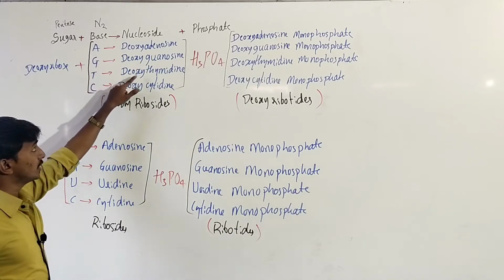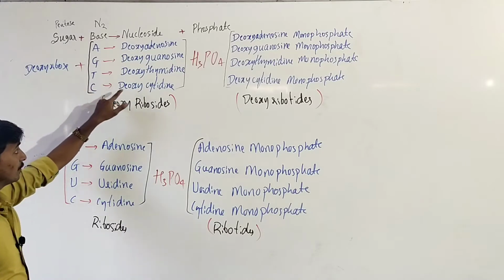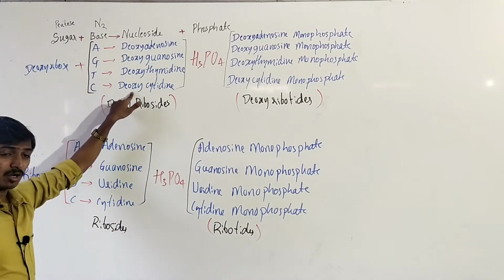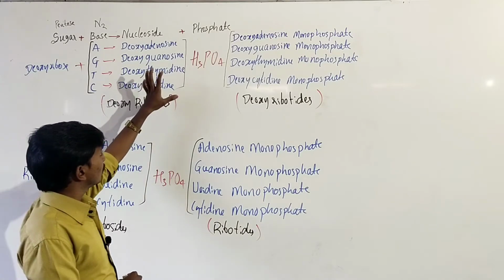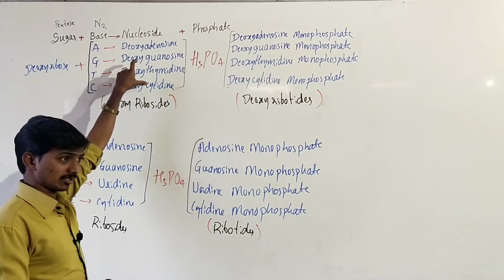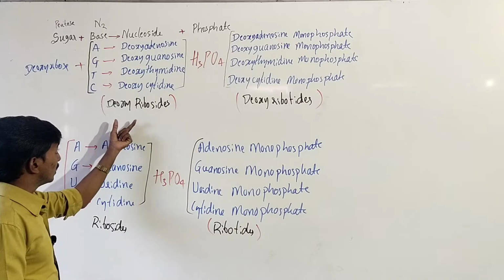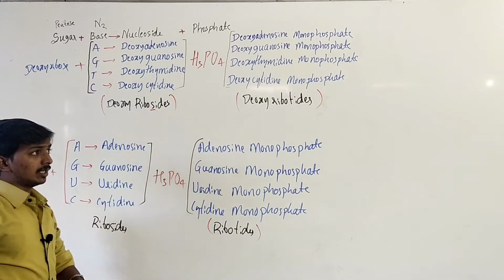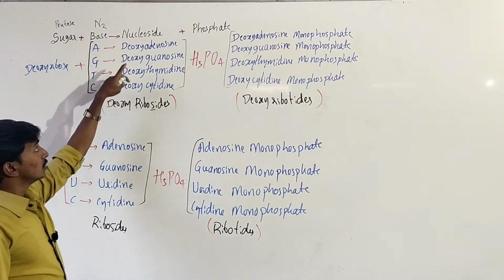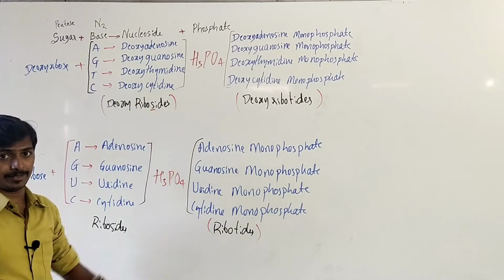With thymine, deoxythymidine. With cytosine, deoxycytidine. All these are called nucleosides of DNA, also called deoxyribosides.